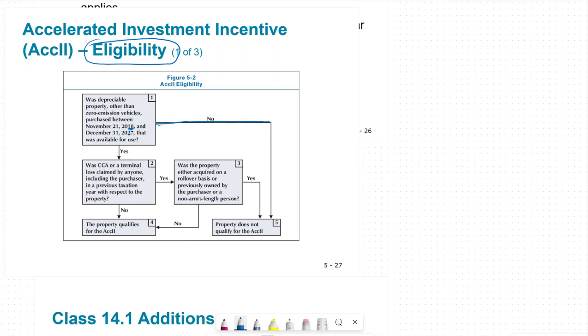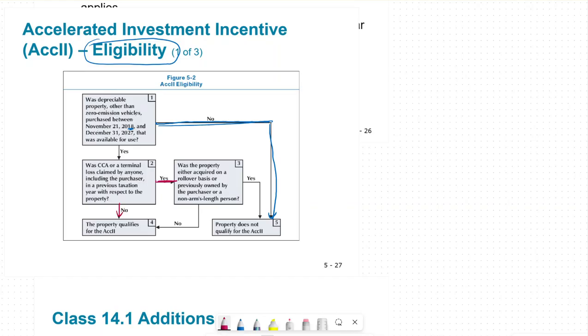If your answer is no, then we go to number 5. If your answer is yes, you go along this route. Then, was CCA or a terminal loss claimed? If you claimed it, yes, you go this route. If you did not claim it, you come in here.